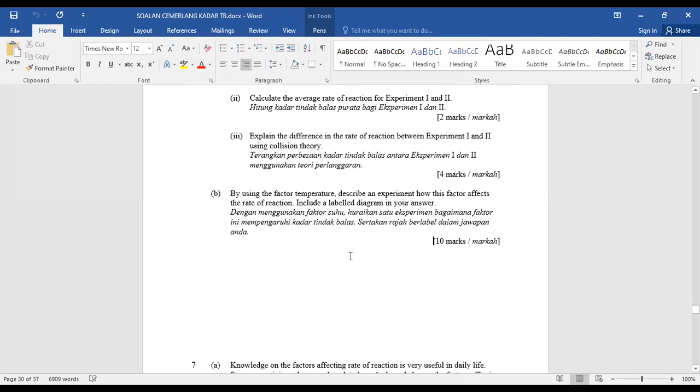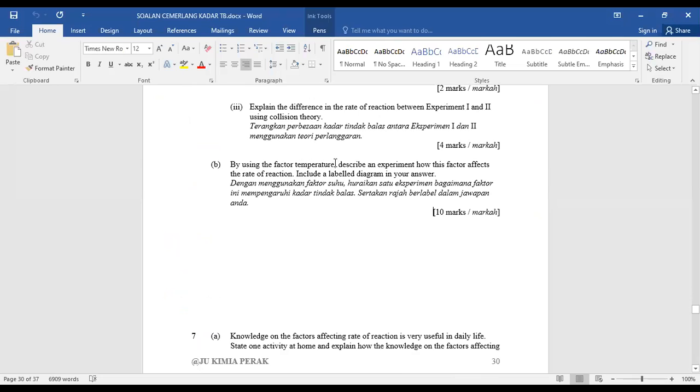Now the next part of our question, by using the factor temperature, describe an experiment how this factor affects the rate of reaction. You are going to include a labeled diagram in your answer. So when you are talking about the temperature, what experiment that you want to talk about?